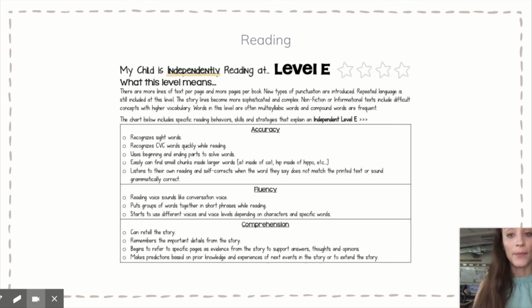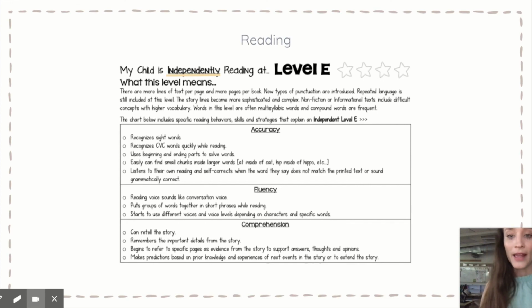They use beginning and end parts to solve words. They can easily find small chunks inside larger words, like at inside of cat or hip inside of hippo. They listen to their own reading and they self-correct the word when what they say does not match the picture or printed text, or if it doesn't sound grammatically correct.